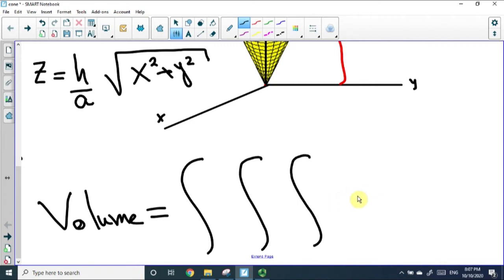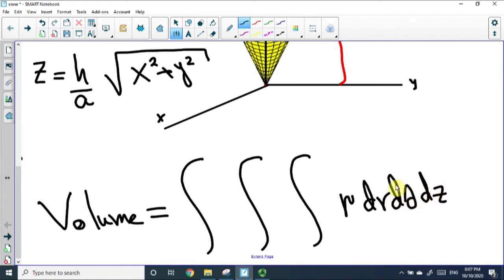So let's say we decided to solve the problem in cylindrical coordinates. Now, what's going to be inside the integral? In cylindrical coordinates, the small element of volume is r dr d theta dz.